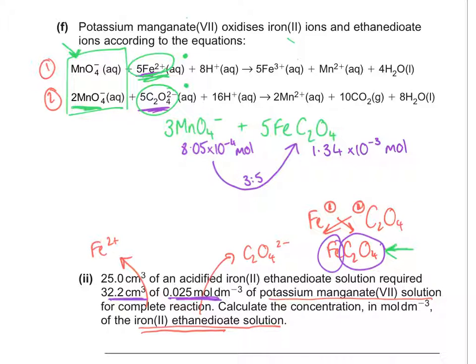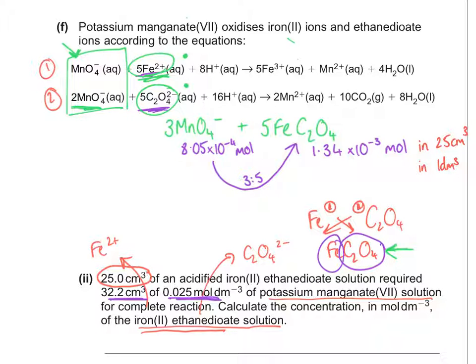Go back to the question and find out that the volume of solution I had was 25 centimetres cubed. So at this stage you can do one of 2 things. You can say, well, I have 1.34 times 10 to the minus 3 moles in 25 centimetres cubed. So how many would I have in 1 decimetre cubed?